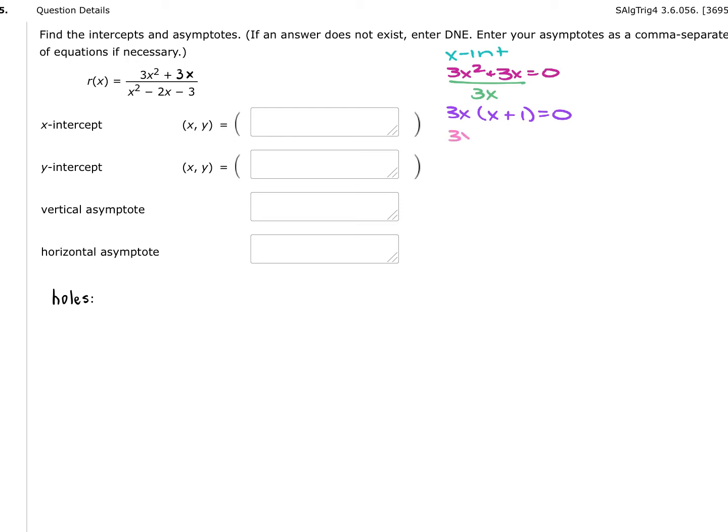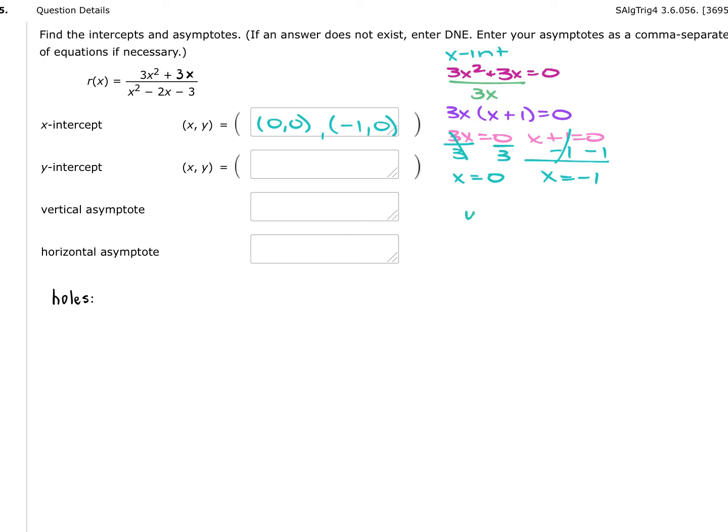If we set each part equal to 0, we have 3x is equal to 0, and x plus 1 is equal to 0. 3x is equal to 0, divide the 3 on each side, so that gives you x is equal to 0. For the x plus 1 is equal to 0, subtract your 1 over, you have that x is equal to negative 1. So two x-intercepts here, one that is 0, 0, and one that is negative 1, 0.